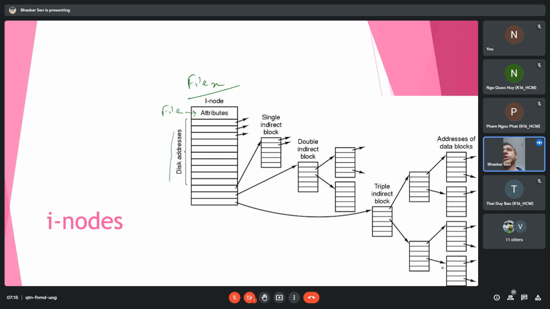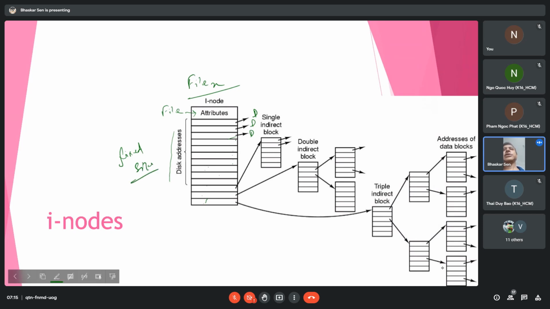Now, some of these disk addresses, the top ones, point directly to a data block. But as your file keeps expanding, the later part of the disk addresses, I reckon from 13 onward, are of fixed size, not indefinite size.